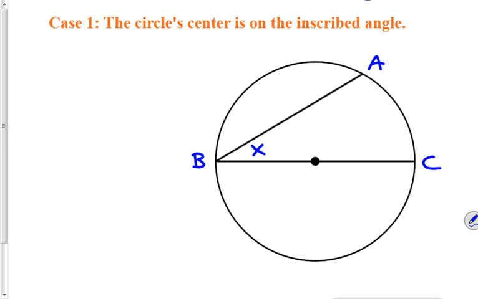So drawing a radius from the center of the circle out to point A, we have now created a second angle up here. Let's call it Y. And we also have created a central angle here that may become important, right?